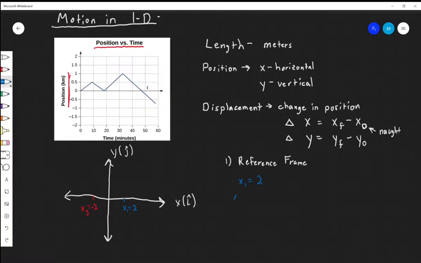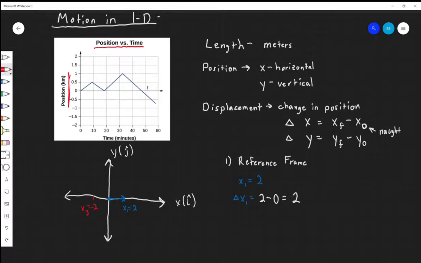If I want to know the change in x1, then I have to measure it with respect to some starting point. And let's say we start at the origin, we start at the position 0, and let's draw a vector that gets us to x1. So I start at 0 and I get to x1. To figure out the size of that vector displacement, I can do the final position of 2 minus the initial position of 0, and that gives me that delta x1 is equal to 2.